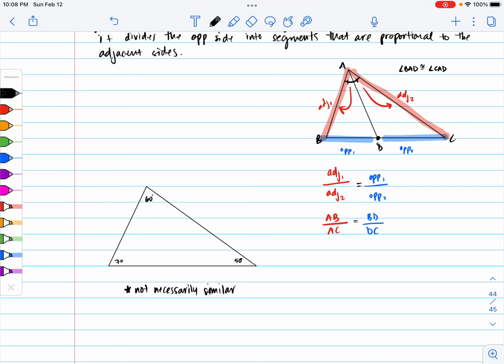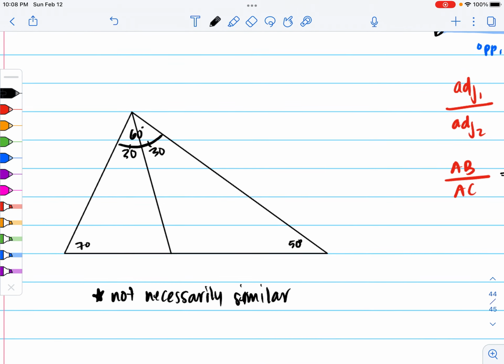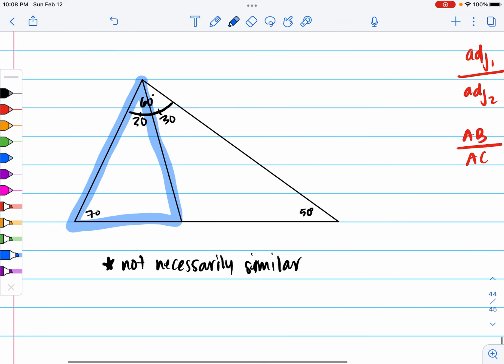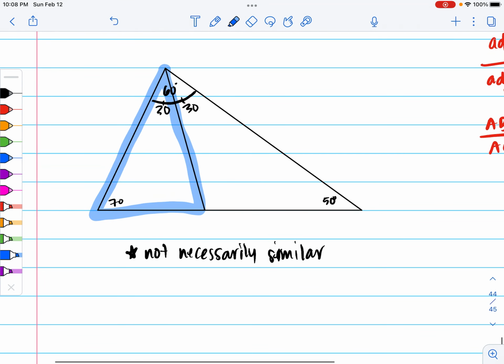Because if we use this angle bisector theorem and we split, for instance, this triangle in half, what happens here is we take this 60 at the top and this turns into 30 and 30, right? But we have two different triangles going on here. We have the red triangle, which is now 70 plus 30 is 100.